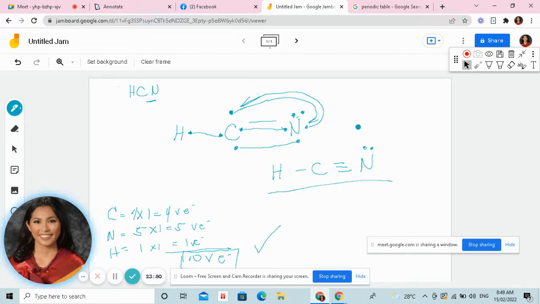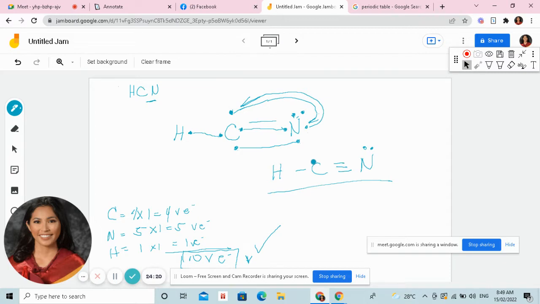So the first thing is you will check if there is the correct number of valence electrons from your solution. And then the second thing is you will check if it has achieved the octet rule.